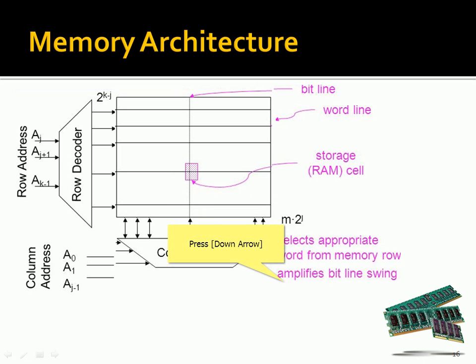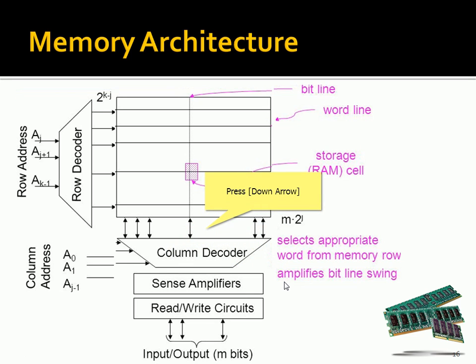There are m into 2 power j data lines. After the column decoder selects the appropriate word from the memory row, the sense amplifier amplifies the bit line swing. Then there are read and write circuits with input and output of m bits. We have seen 1 bit, 4 bit, 8 bit, and 16 bit data in and out.